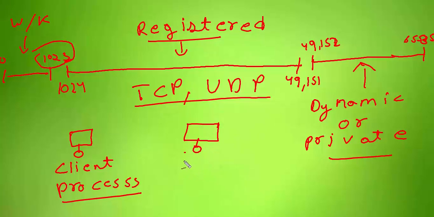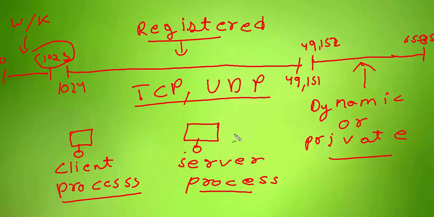The server process must also define itself with a port number. The server process cannot choose a random port number.